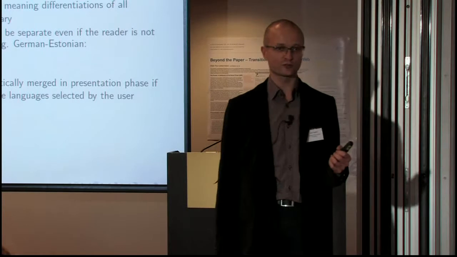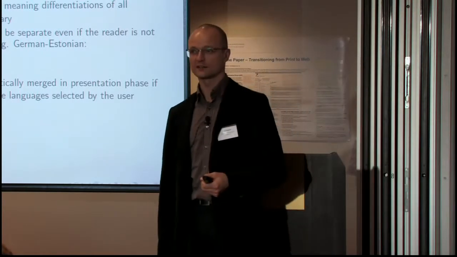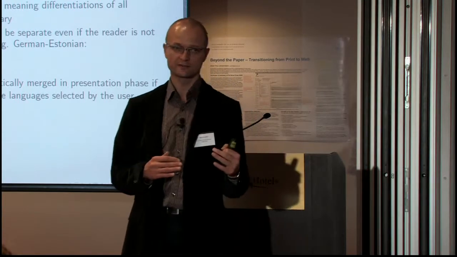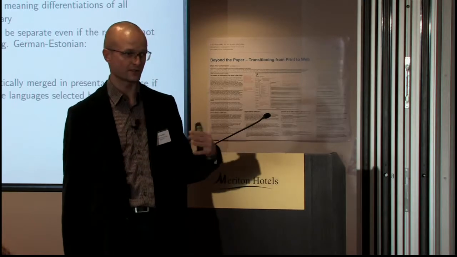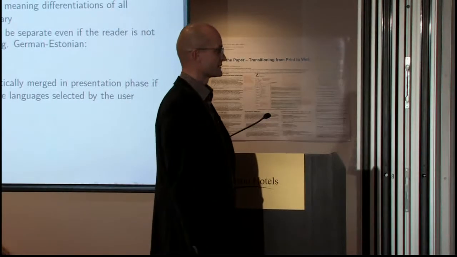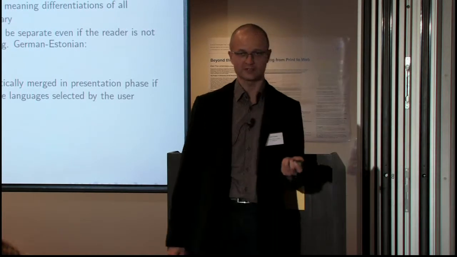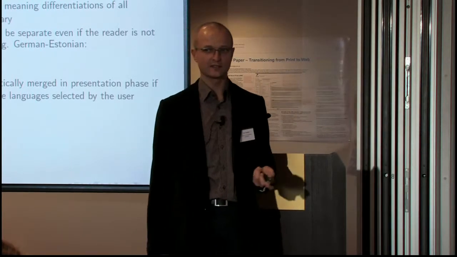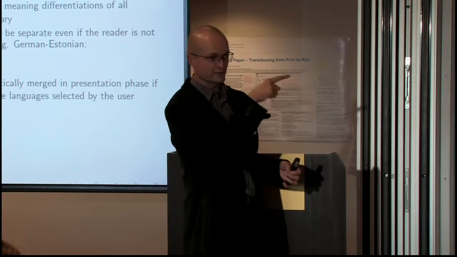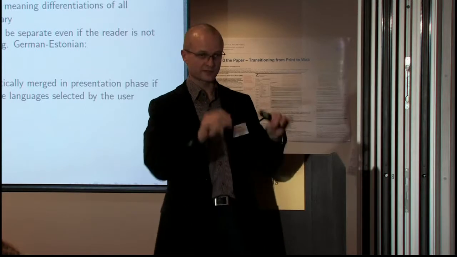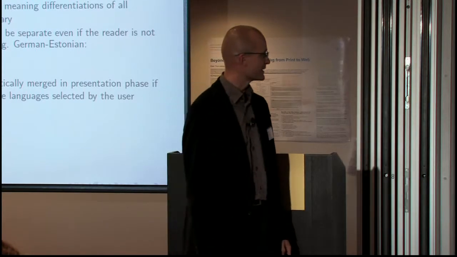So the user is not told between these languages why there are 2 entries. And the reason why there are 2 entries is that the third language chooses to differentiate between them. And in principle, such a situation could be remedied, again, fully automatically, if the presentation layer sees that 1 is 1 and 2 is 2, then just compress them into 1, decrease the rest of the numbers by 1, and that's it.